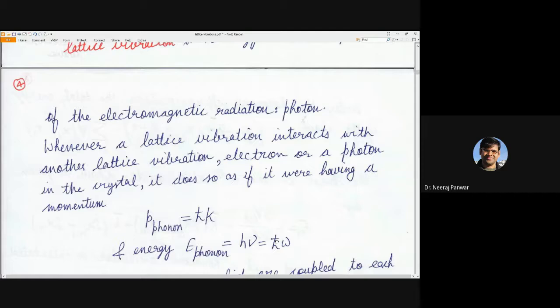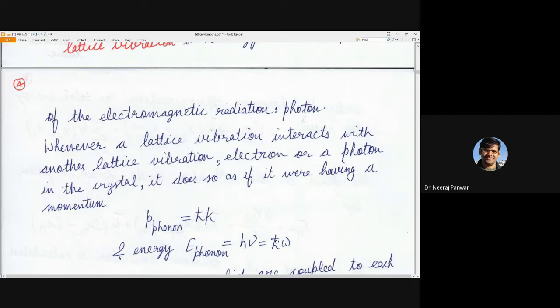So a lattice vibration can interact with another lattice vibration. It can also interact with electrons. So we have electron phonon interaction, and that is how we explain superconductivity through this electron phonon interaction.